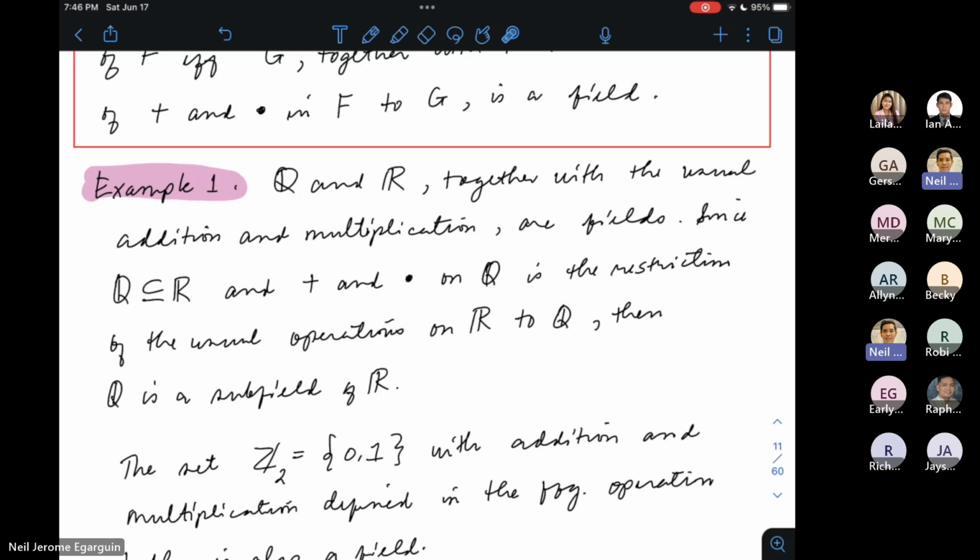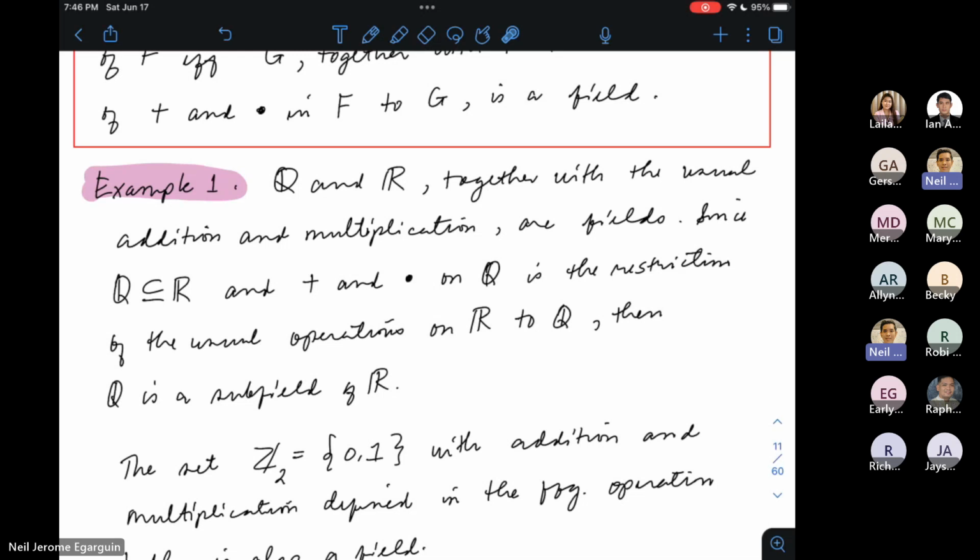Ano ang additive identity natin? 0. Kasi pag in-add natin si 0 ay wala siyang effect dun sa identity ng sagot. Alright? So that's fine. Multiplicative identity natin ay 1. Tapos, property 5: dapat lahat ay may additive inverse.